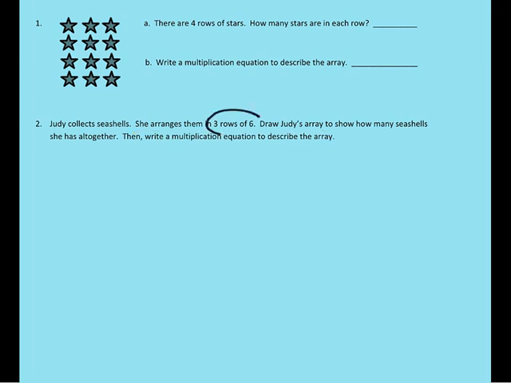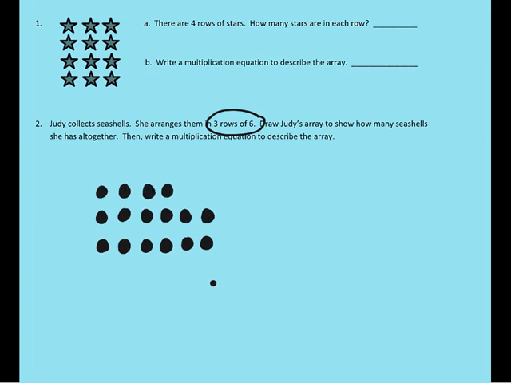Okay, so the array that she makes is 3 rows of 6. So let us make 3 rows of 6. 1, 2, 3, 4, 5, 6. That's the first row of 6. This is the second row of 6. 1, 2, 3, 4, 5, 6. And this is the third row of 6.